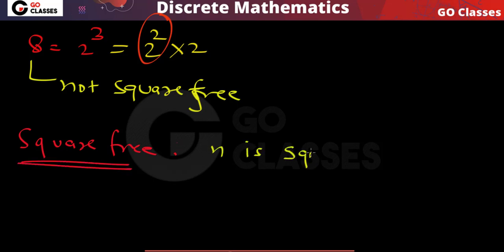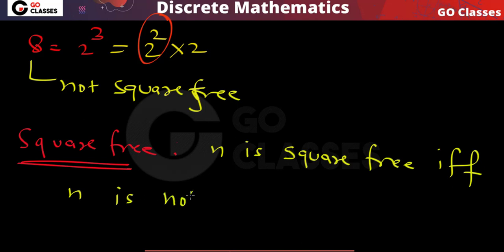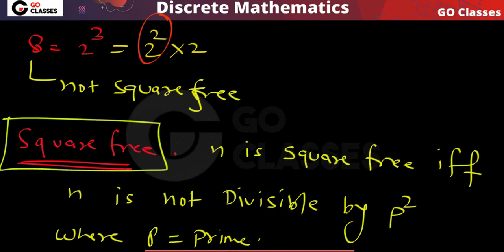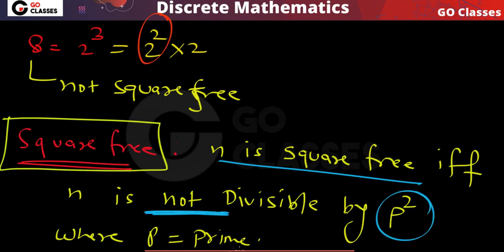N is square free if and only if n is not divisible by p square, where p is some prime number. Okay, so then we call it square free. So this is the definition of square free. A number is square free if it is not divisible by p square, where p is a prime number.